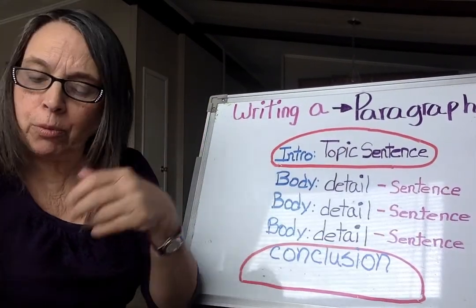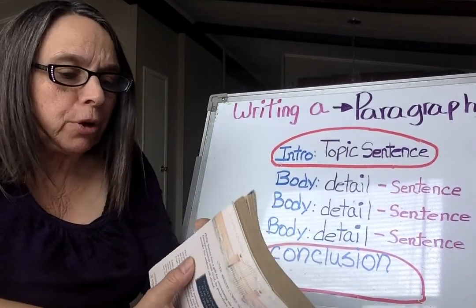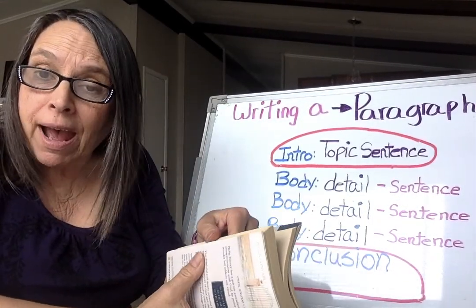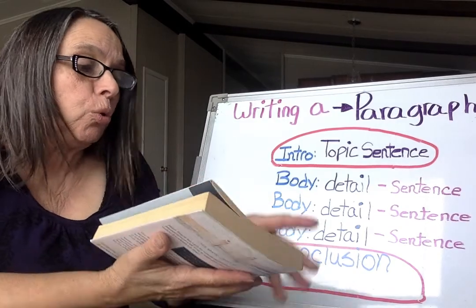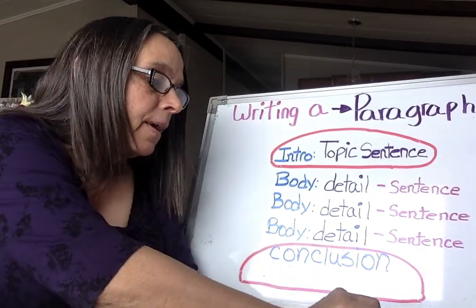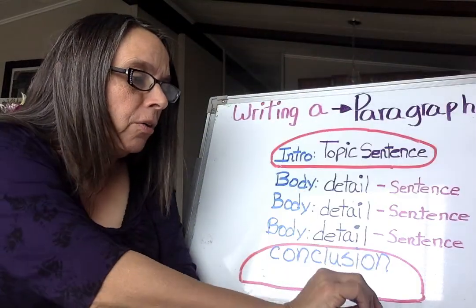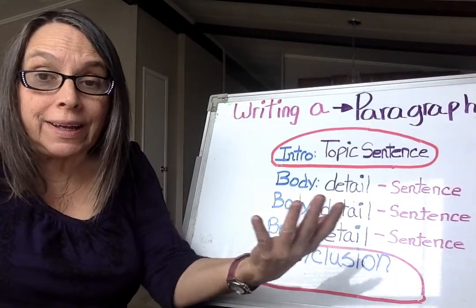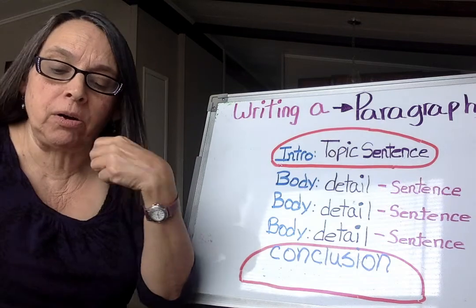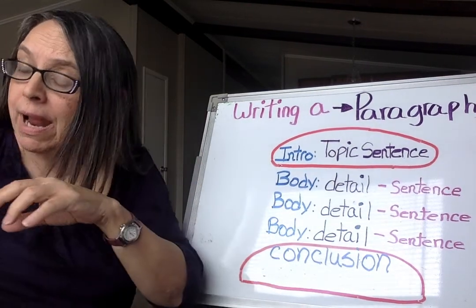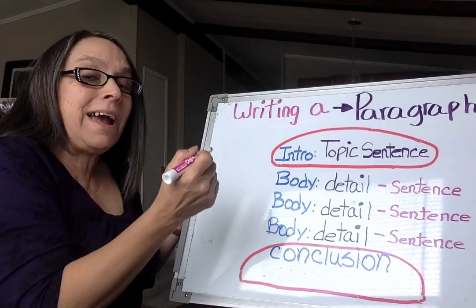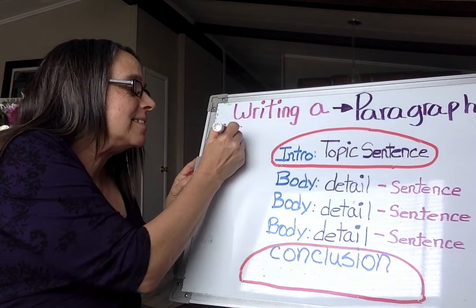So a paragraph. Now I wanted to show you one of my favorite books here. So a paragraph is just one short writing, okay? This is a paragraph I wrote that I'm going to be talking about on this video. It's not a story. It's not like really long. Actually, our assignment right now is requiring you to write 5 sentences.